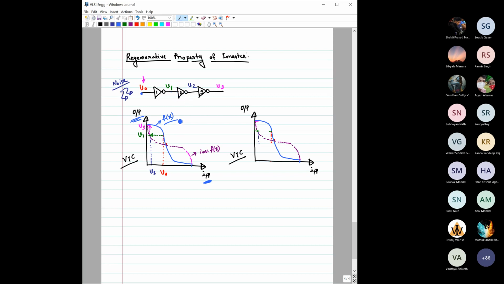So for this inverter, this would be the output, and this would be the input. Just think, and if you plot it, you will get a curve like this, which I have drawn using inverted f of x.